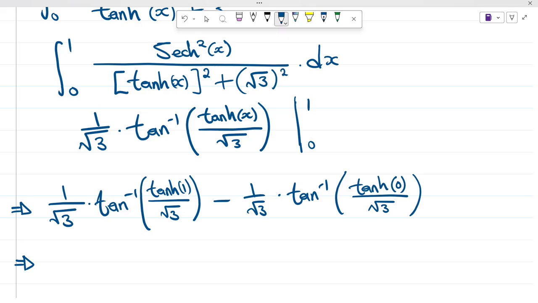Please be patient with me. 1 over root 3 shift tan inverse of hyperbolic tan of 0 over root 3. Okay, you should be able to get 0.239 as your final answer. So yes, that is the correct answer for that question.